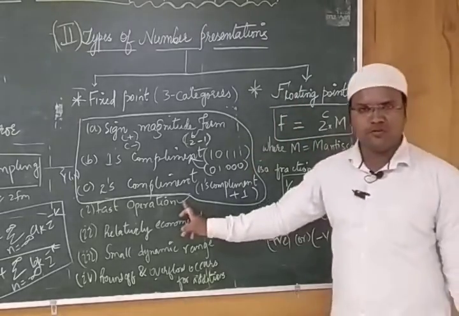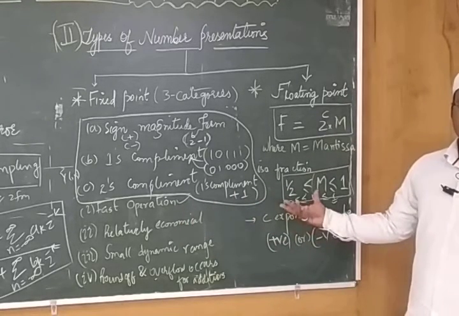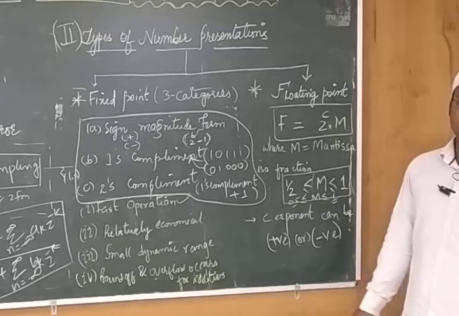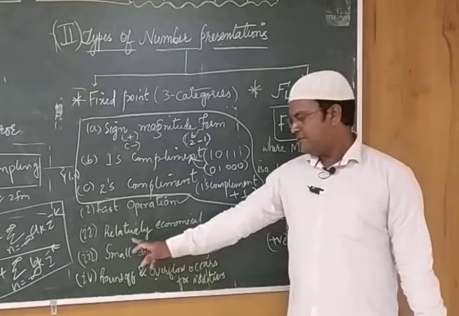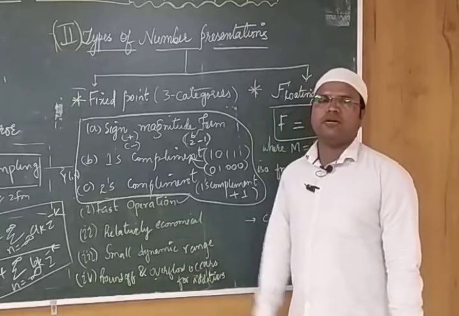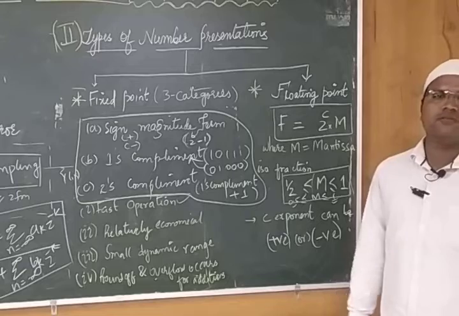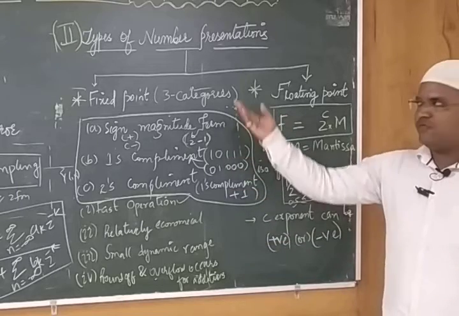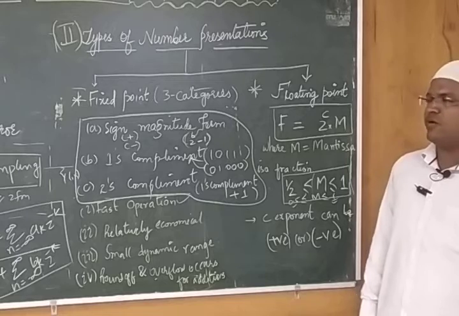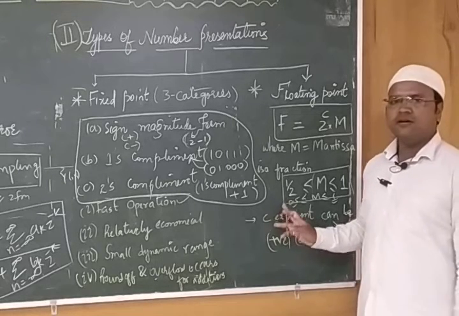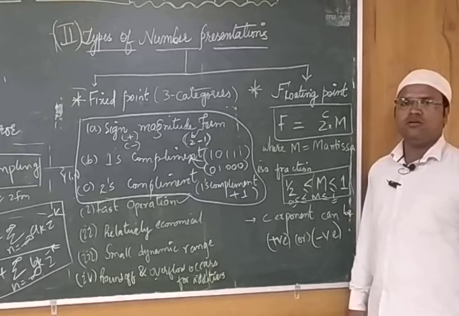So fixed point is faster, whereas floating point is slower because the number of steps required is more. Fixed point is relatively economical, somewhat cheaper, because when you design this kind of operation in a DSP, it is quite easy to get the finite word length done. Whereas in floating point, since hardware is needed, it becomes costlier, somewhat expensive.